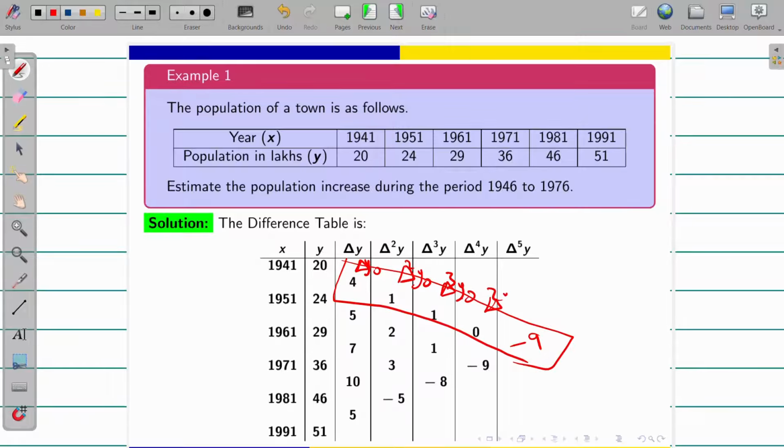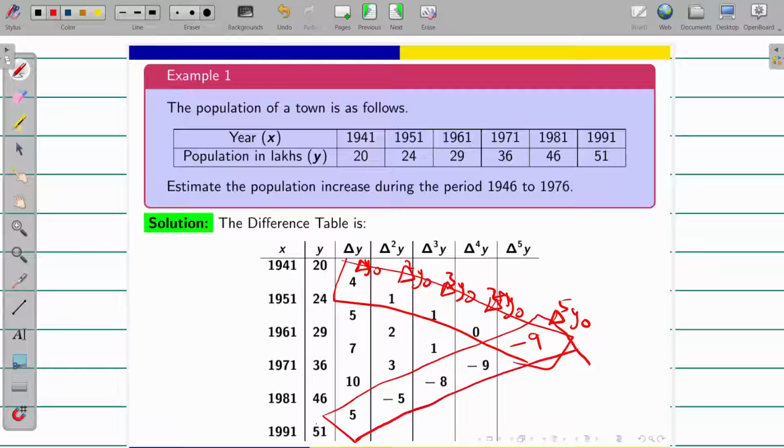This is del power 4 y naught. This is del power 5 y naught. Exactly, guys. That's it. As I told you already, the last value from the table we can find what it is.